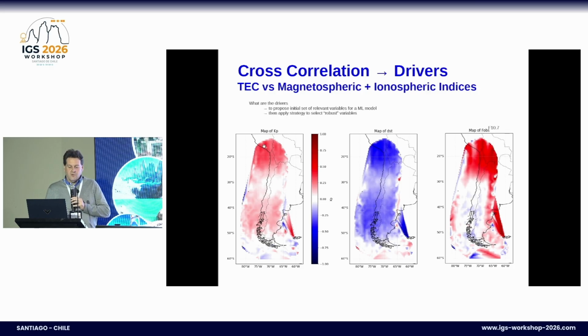You can see the cross correlation between, for example, different magnetospheric indices, Kp, with TEC, and you see this variation in space. And this is, for example, with Dst. Of course, it will be blue because there's an inverse correlation. And other things like F10.7, etc.